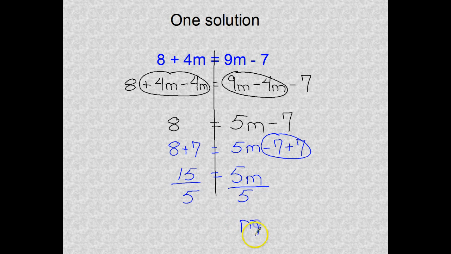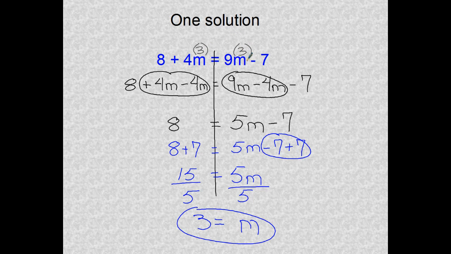So m is equal to only one value, which is 3. 3 is the only number on the number line, the only integer that will work in this particular equation. So you can go back into the original problem and substitute in your 3 wherever you see an m. So I have one on the left and I have one on the right.